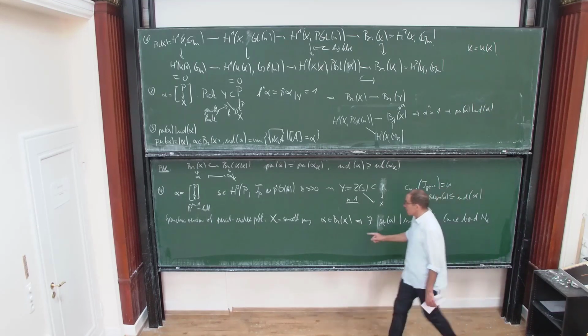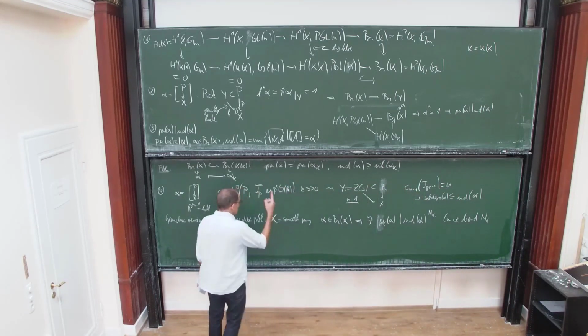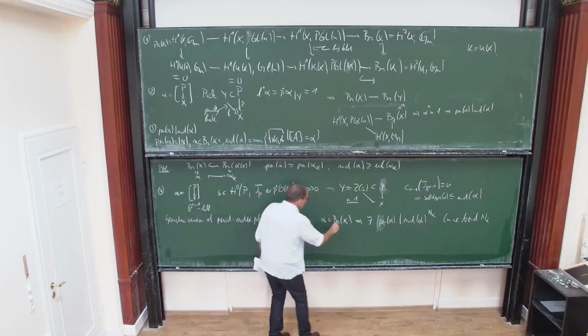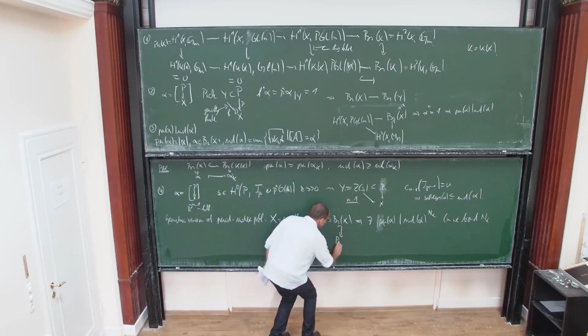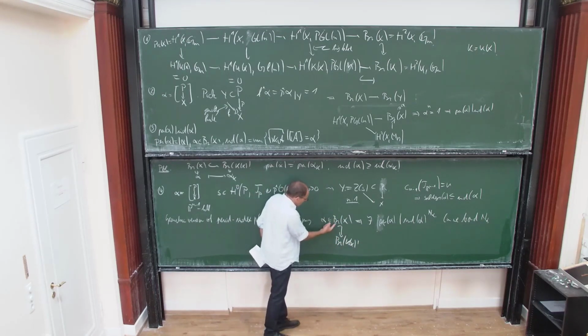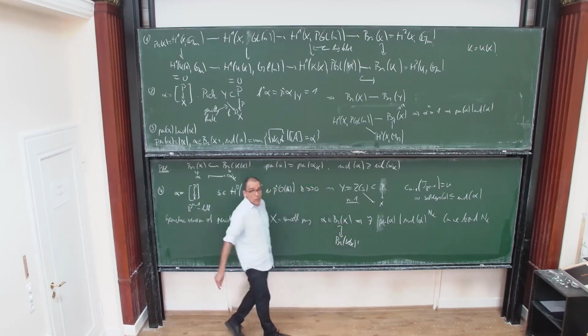So this is strictly weaker than the original question because we are only talking about the so-called unramified Brauer classes, those on the function field that come from the scheme.